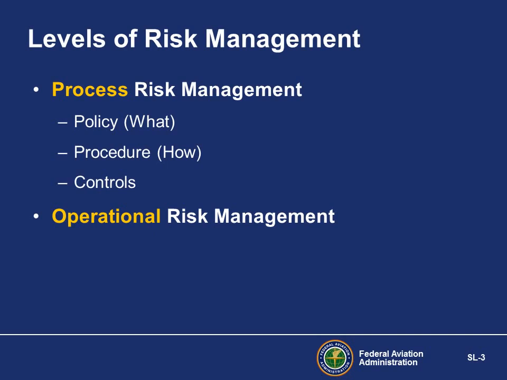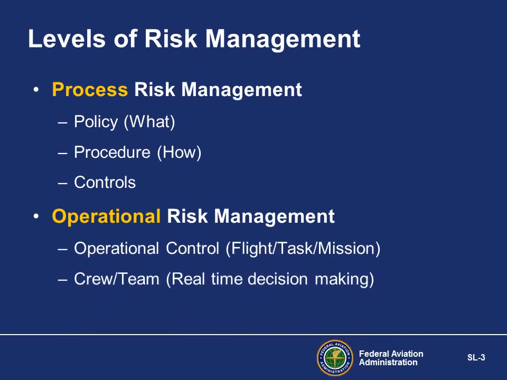Operational risk management is comprised of operational control and crew or team decision-making. The operational control aspects involve how risk management is employed on a mission-by-mission basis. Oversight by dispatchers, supervisors, flight followers helps to ensure that potentially hazardous conditions are identified and controlled during specific operations.